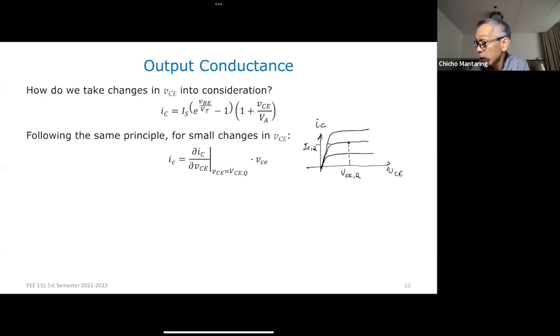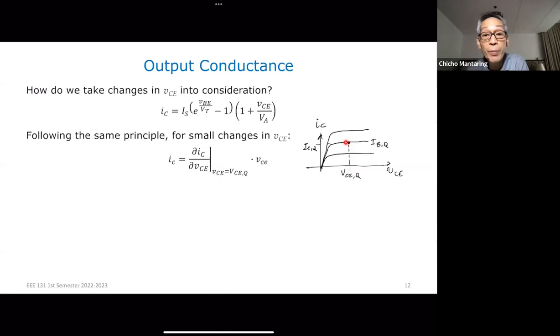And this is going to be IBQ. That is the base current corresponding to your quiescent point. So you're going to have a slope here. This is the partial of IC with respect to VCE evaluated at VCEQ.